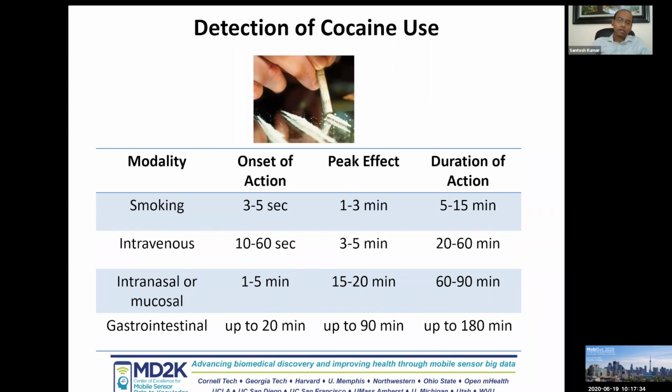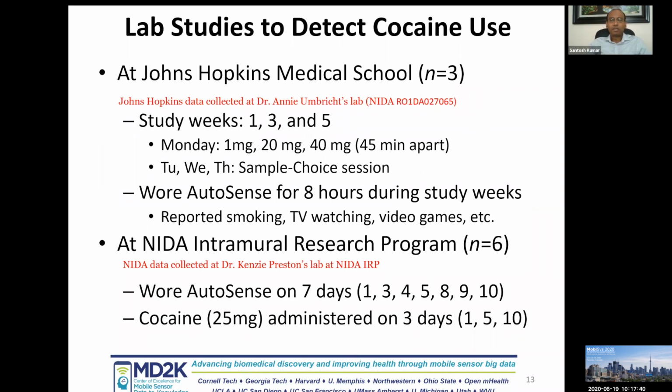So what we did was to develop a model. We conducted a lab study. Johns Hopkins Medical School has a residential facility where they can keep participants for weeks. In there, we had participants wear the sensors, and then they were given an opportunity to self-administer cocaine.